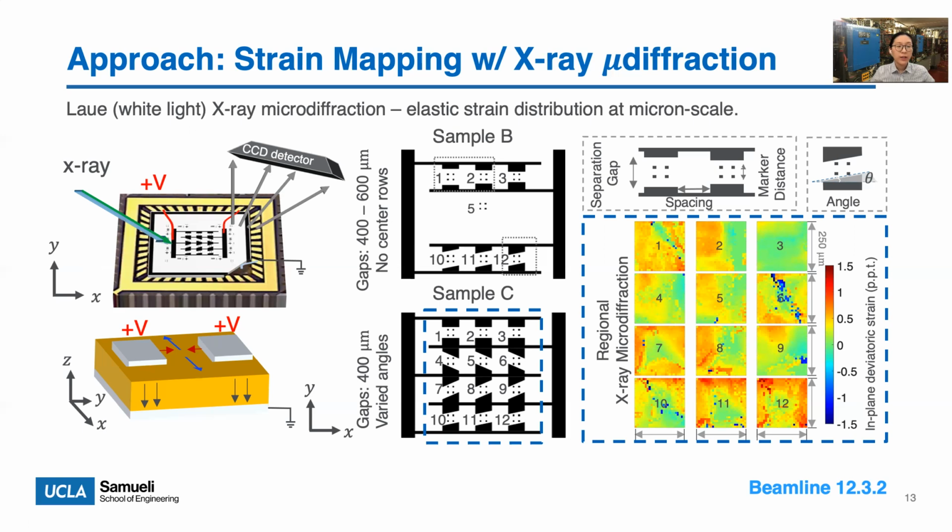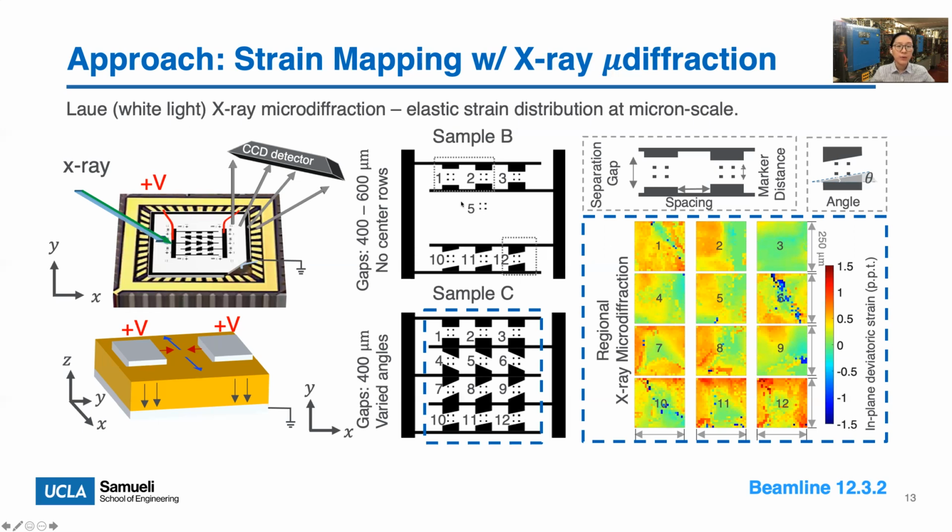The step size we use here is 10 micron, and the diffraction pattern at each step then translates to the strain information by comparing to the unstrained state of our crystal. So we can then calculate the electrically induced strain for each pixel and visualize them in 2D strain maps.